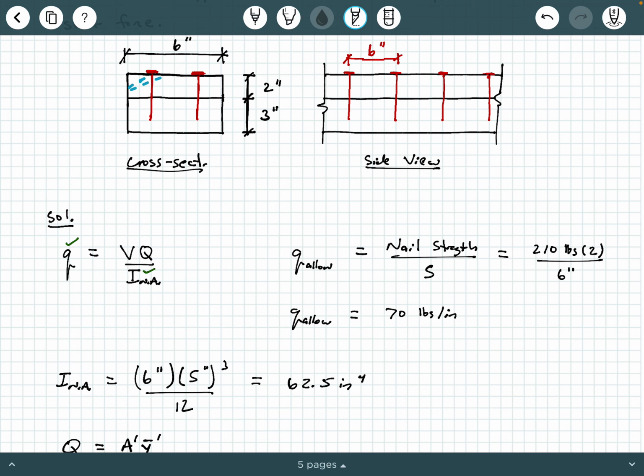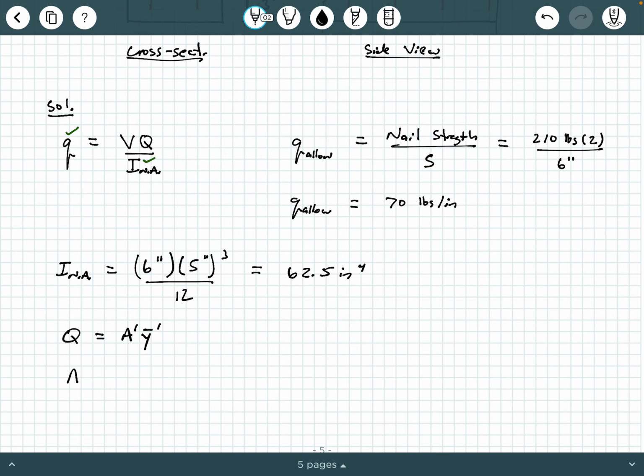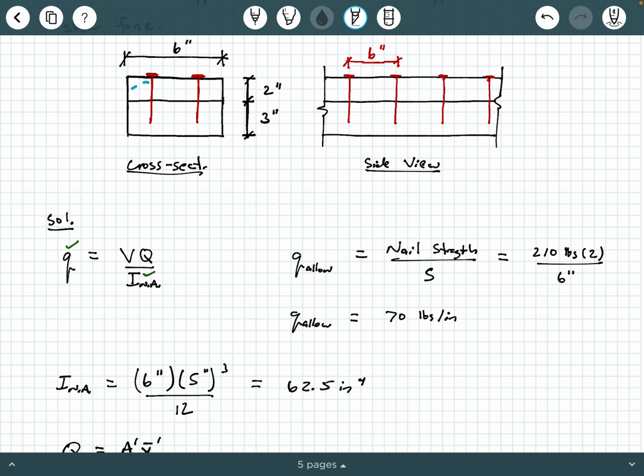So we can call either one of these portions A prime. You can call the top rectangle A prime, or the bottom rectangle can also be A prime, all right? I'm just going to go ahead and call the top rectangle A prime. A prime is 6 inches by 2 inches, so that's 12 square inches. All right, so here's our A prime.